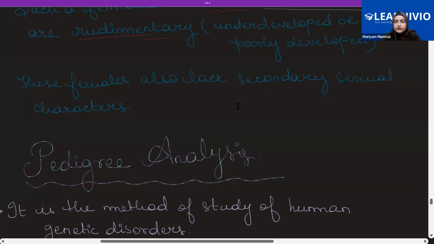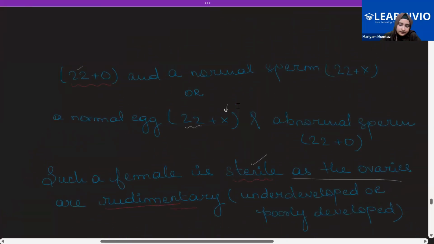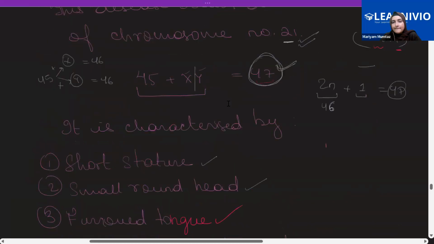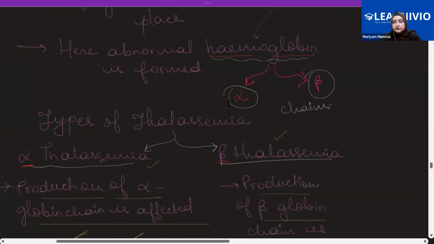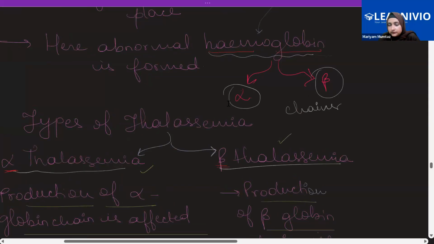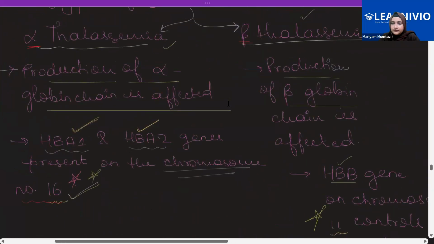Understood? Okay. Now tell me, what is the last thing you've written? Pleiotropy. Yeah, completely clear topic. Chapter done? Only one topic is left and the chapter is done.